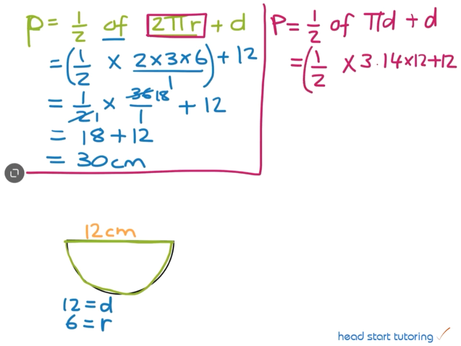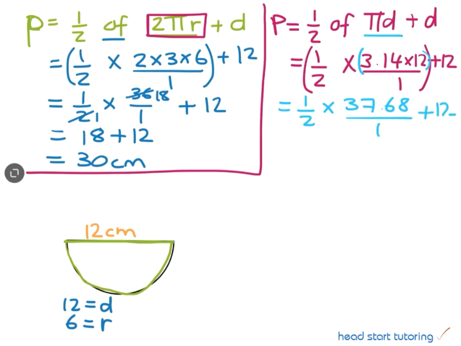We remember to work with that first, and we can put that over 1. So we end up with half multiplied by 3.14 multiplied by 12, which was our pi d. That equals 37.68 over 1. And we remember to keep bringing down our plus 12 so that we don't forget to plus our diameter at the end.